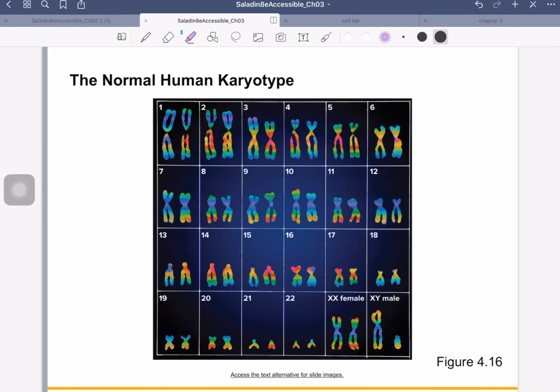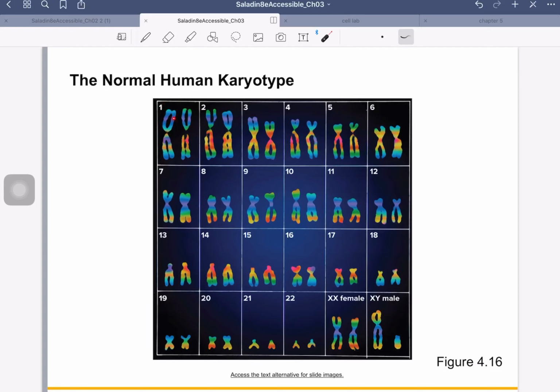This is a picture of a karyotype, and once again you can see that we have chromosomes and we've given them numbers 1, 2, 3 all the way down to 22, and you can see within a given pair we're looking at homologous chromosomes.